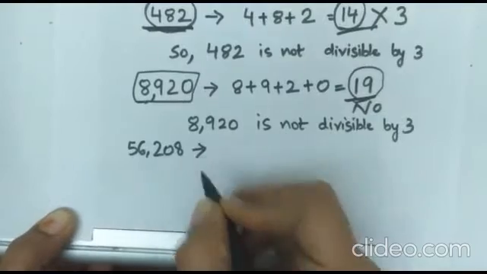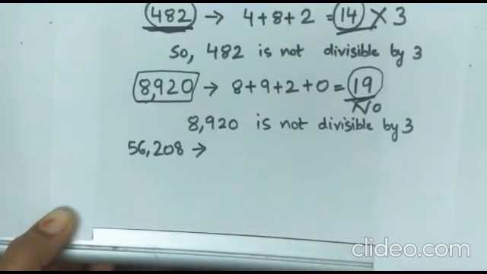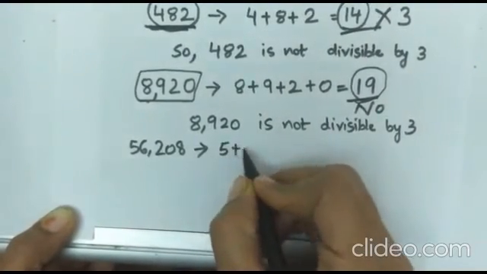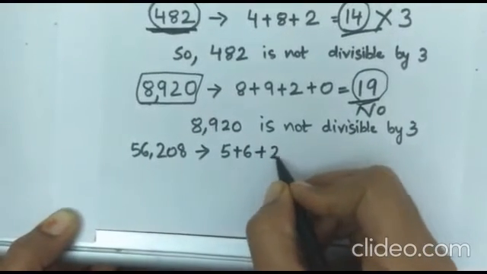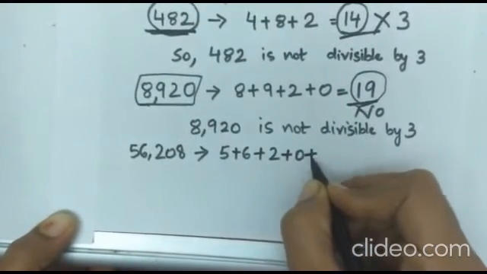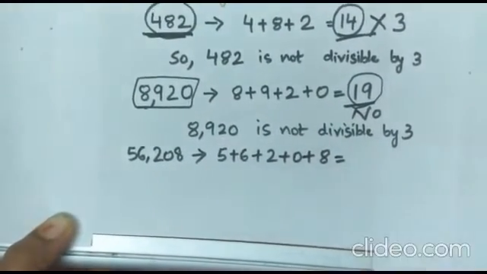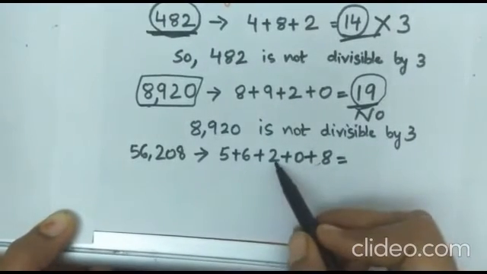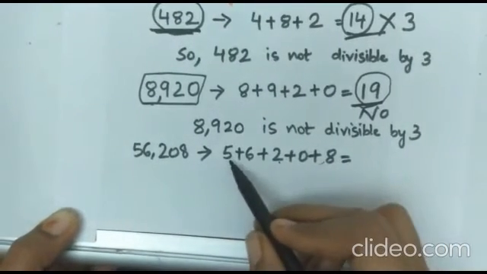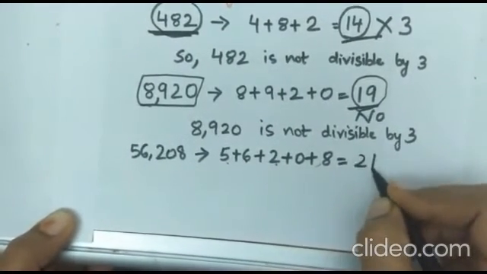56208. Again we will add all the digits. 5 plus 6 plus 2 plus 0 plus 8. This is 16. 16 plus 5, that is 21.